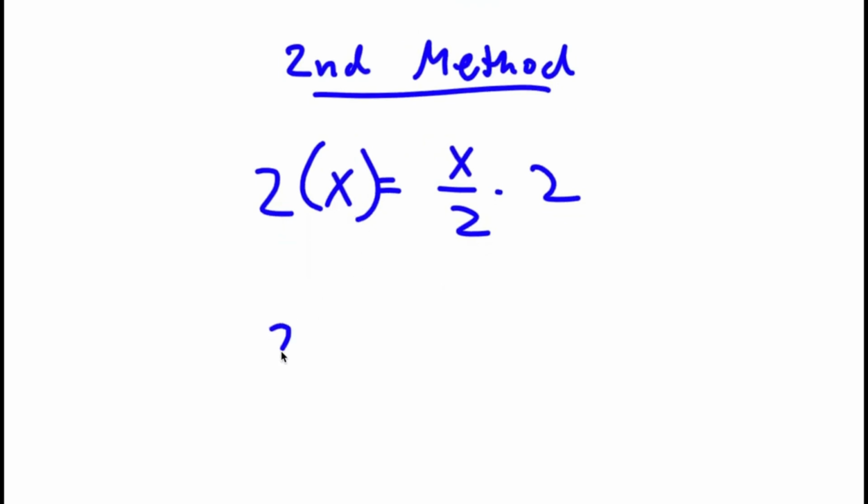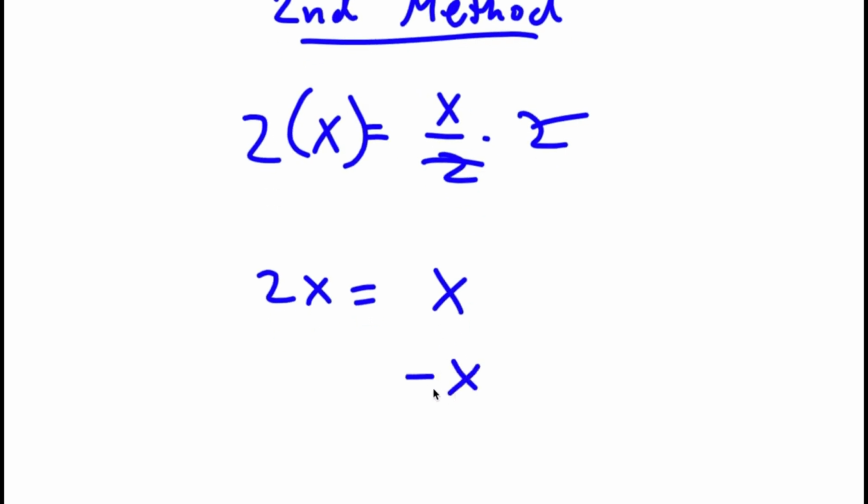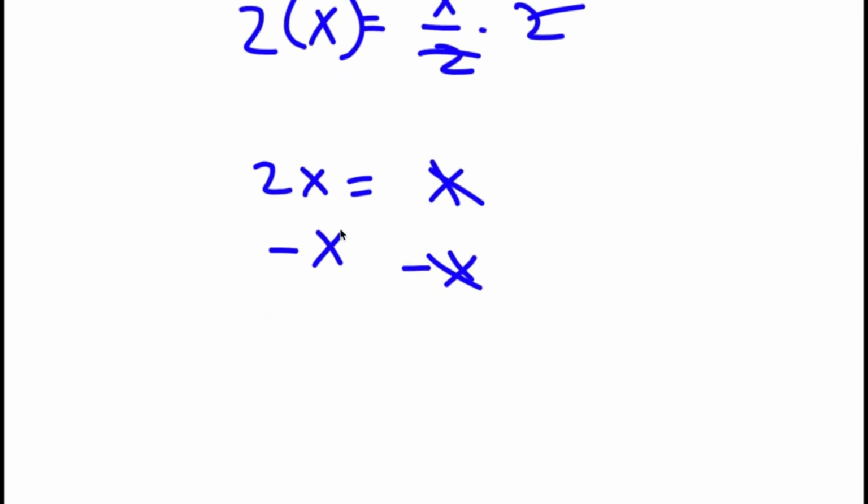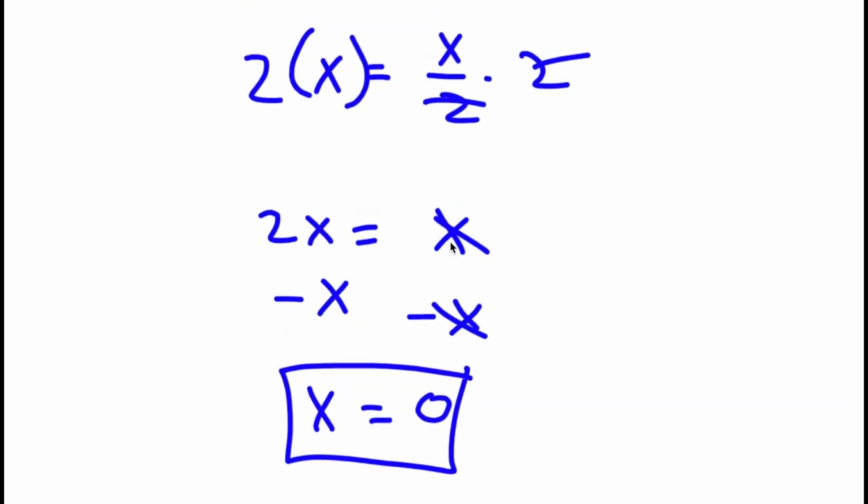Well, 2 times x is simply equal to 2x, and x over 2 times 2, these two 2's cancel out, so I'll simply be left with x. So I have 2x is equal to x. Now, I'm going to subtract x on both sides. These two cancel out, and I'll be left with 2x minus x, which is x, is equal to 0 on my right-hand side. So x equals 0 again.